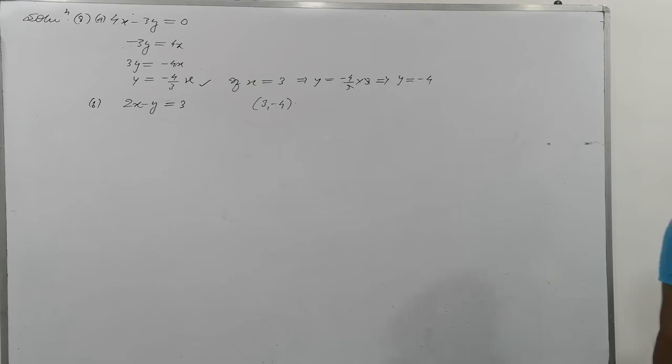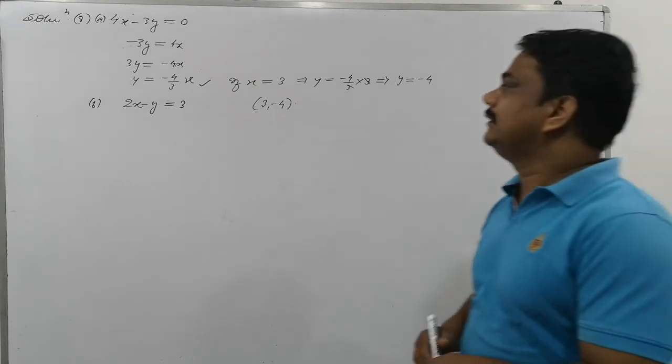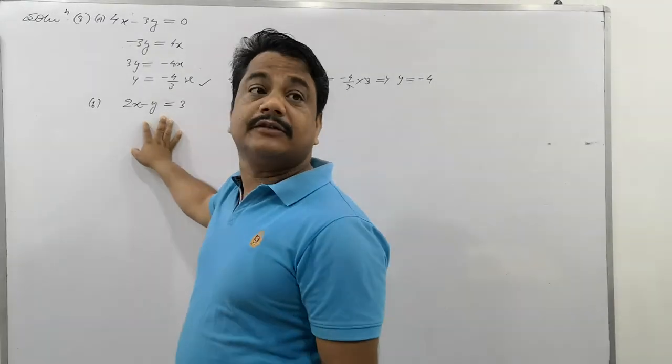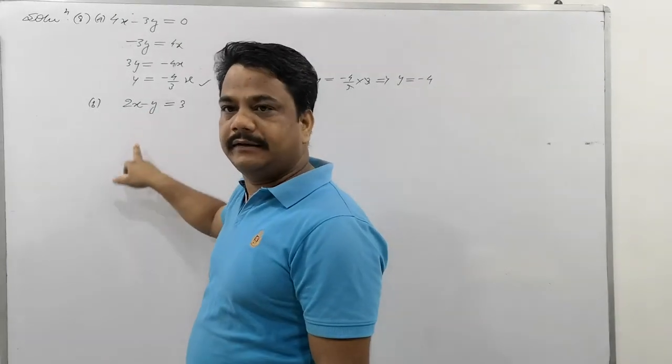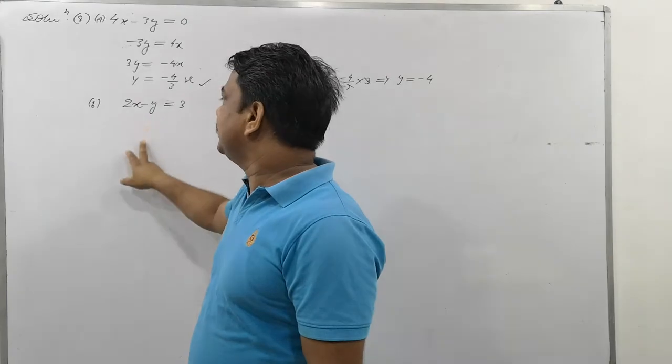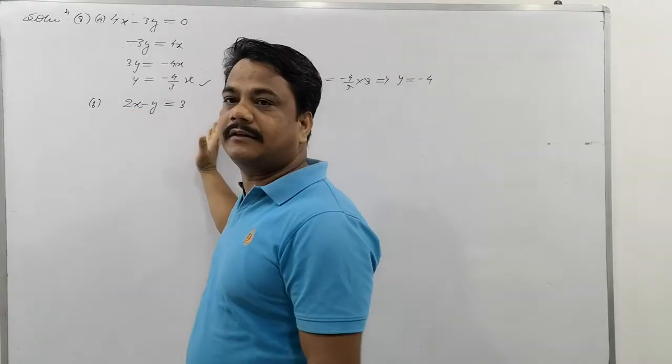The second: first bring this into the slope form. Y will remain here. Minus y, 2x is to be transferred to the right.